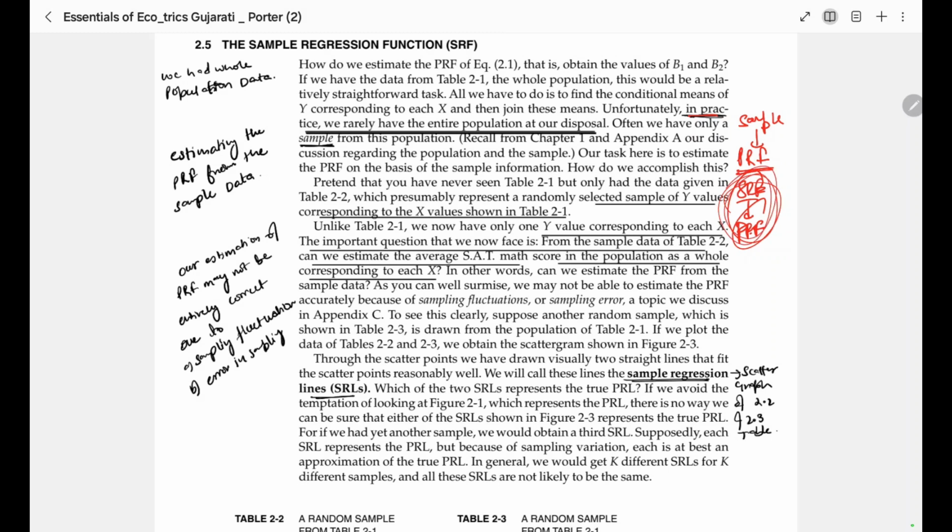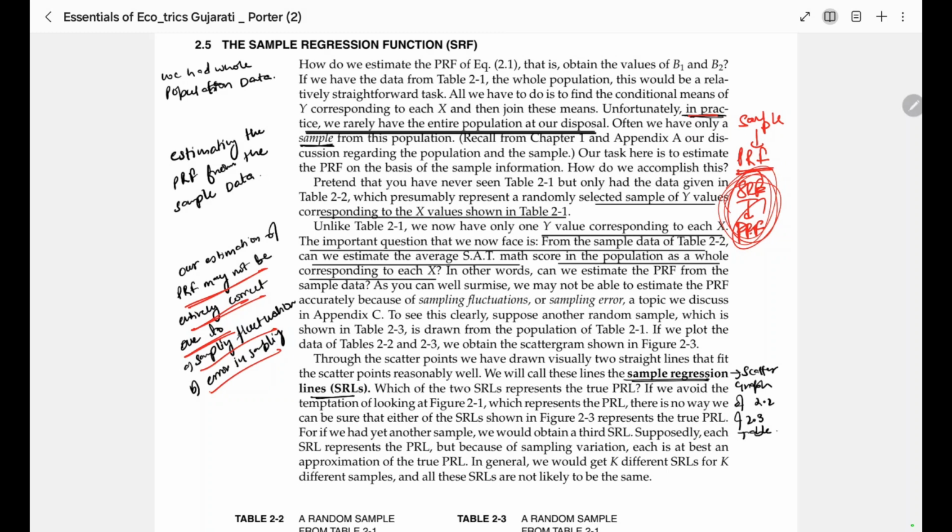Our estimates of the PRF may not be entirely correct, due to sampling fluctuations or error in sampling and many other things that we read in the error term also. Those could also lead to incorrect estimates, right?